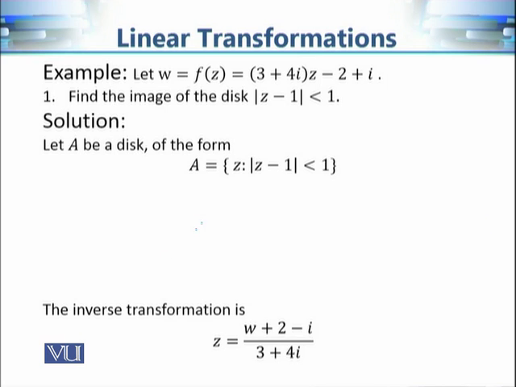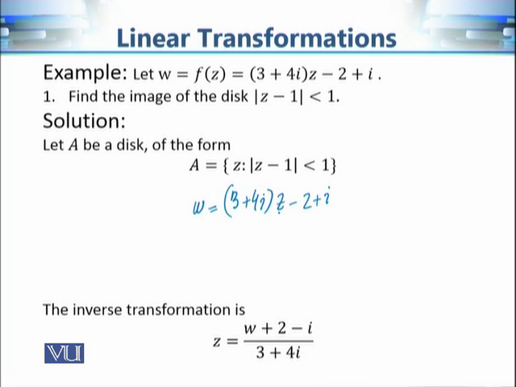In the first step, we construct the inverse of this linear transformation. We have observed in our previous discussion that a linear transformation is always one-to-one and onto on the entire complex plane. So that's why we can construct its inverse. To construct its inverse, we write it down as w equals 3 plus 4 iota times z minus 2 plus iota.